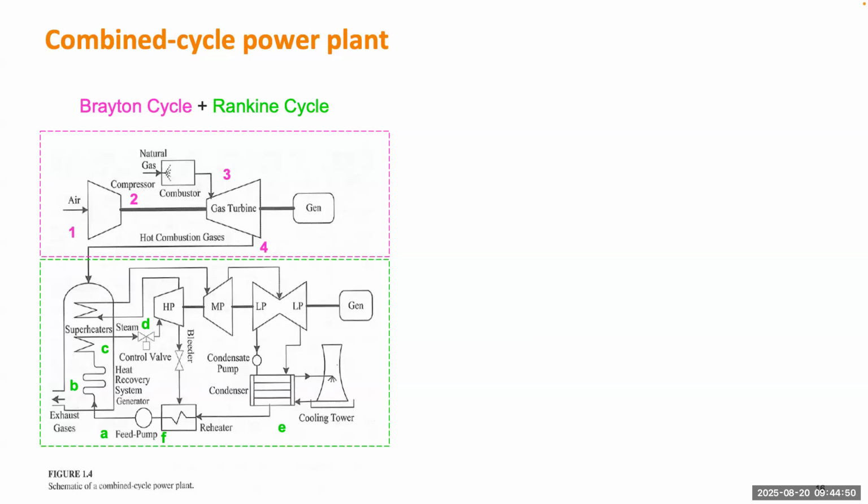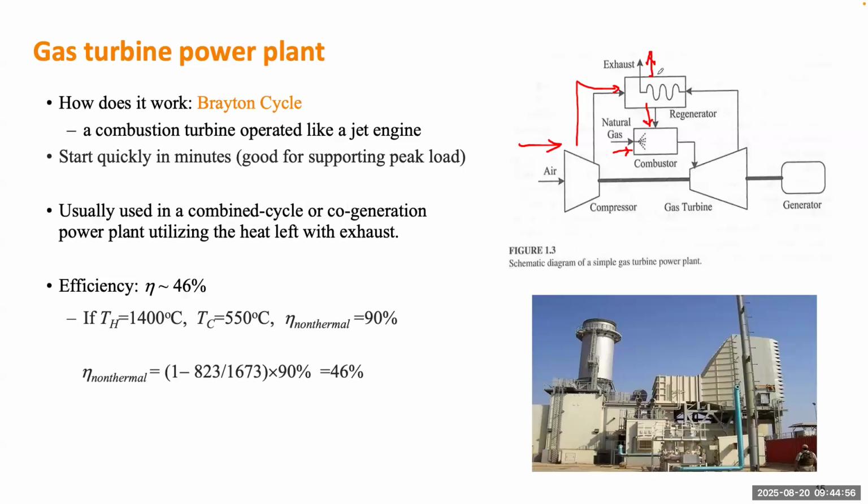A combined cycle power plant is where I have the gas turbine running. If a gas turbine is on its own, this exhaust can be a loss, but I can make this high temperature air go to another steam turbine generator to increase the temperature for the burner.